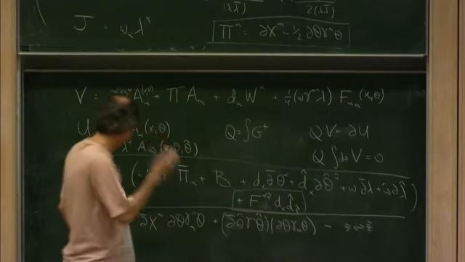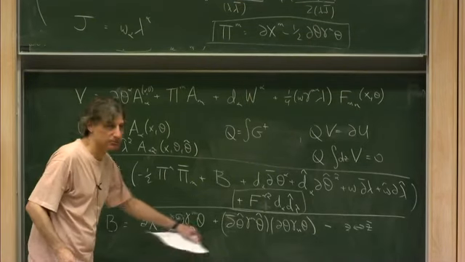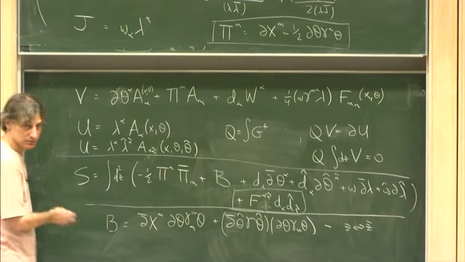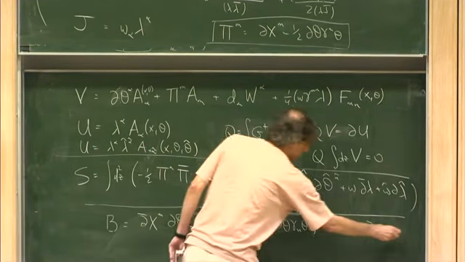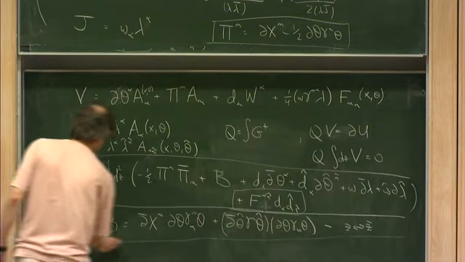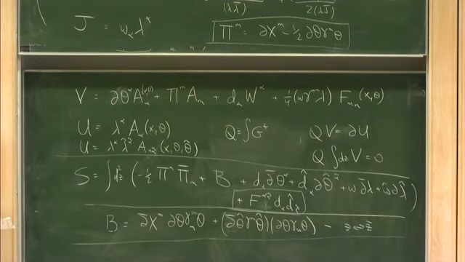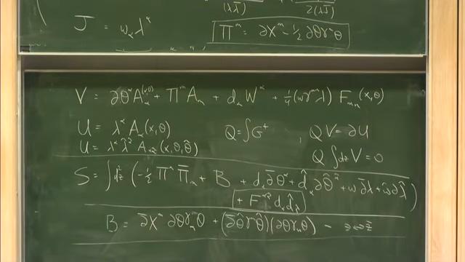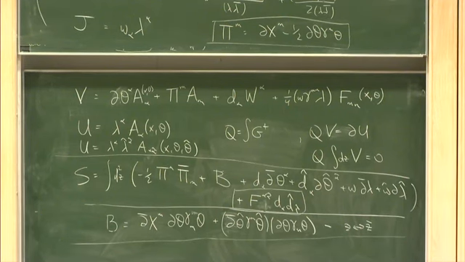It has the property that dB is something simple. So H is simple, but B, at least in a flat background, has this form. This is the same as in Green-Schwarz. Okay, any other questions?